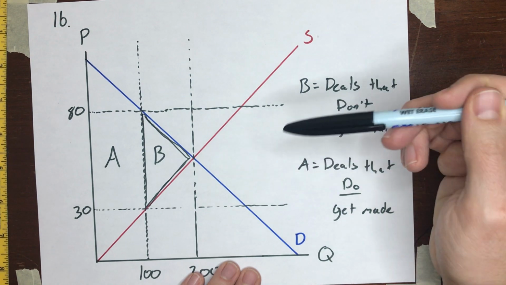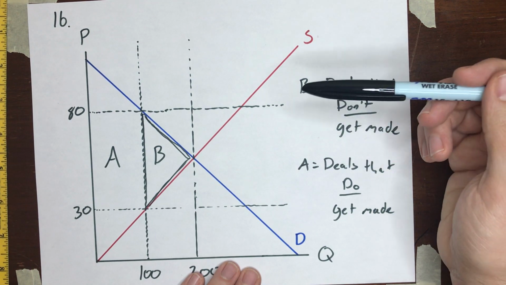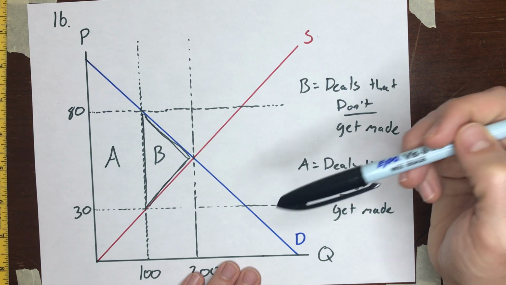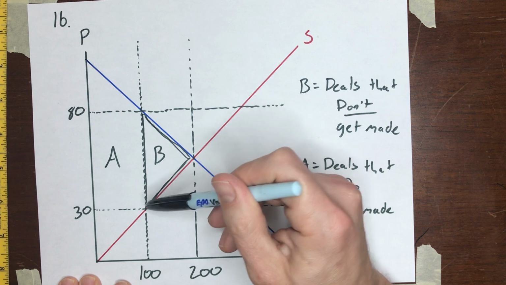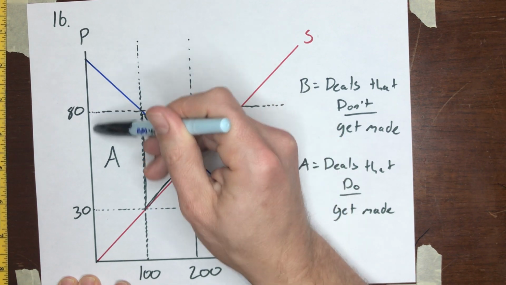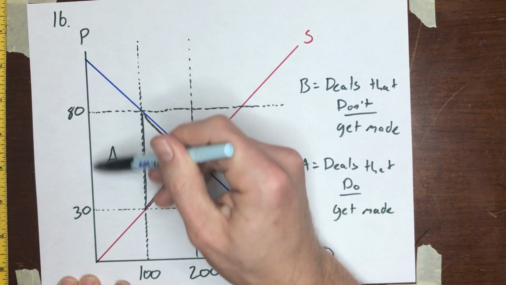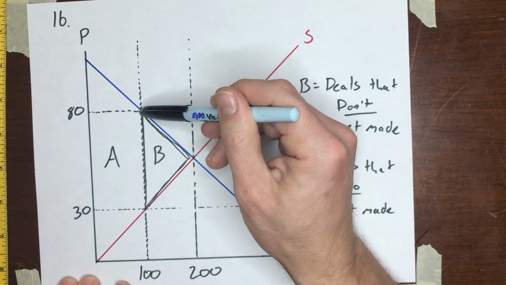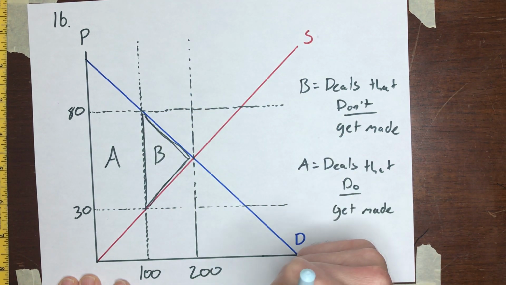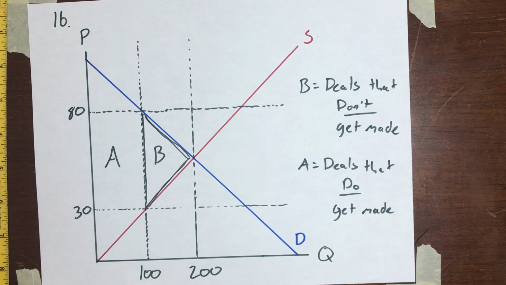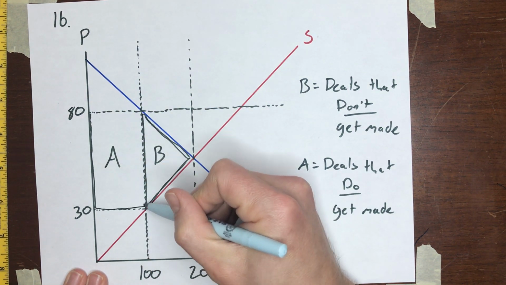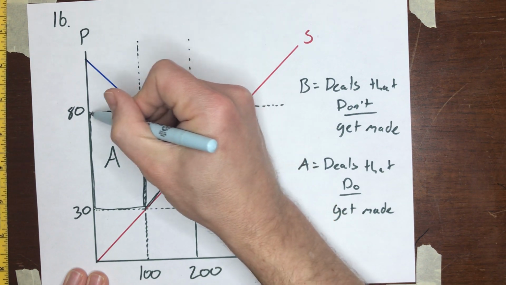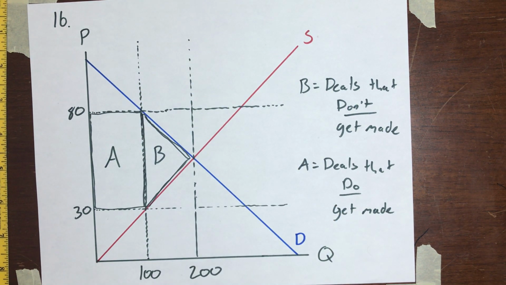The cost of the quality upgrades exceeds the value of those quality upgrades to the consumer. And in the limit, they would be willing to spend all of this area A to compete with each other in extra costs that exceed the value to the consumer. So in either case, whether this is wasted time or the excess cost of quality upgrades, A represents the value lost from the deals that do get made.